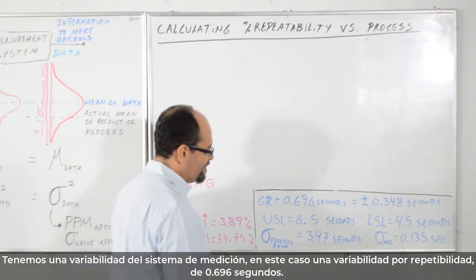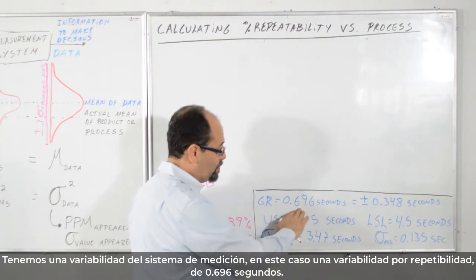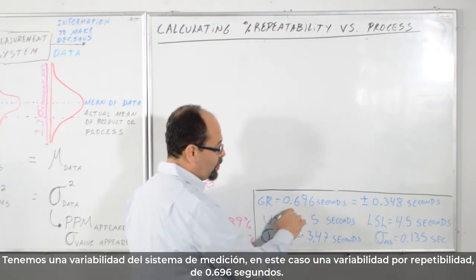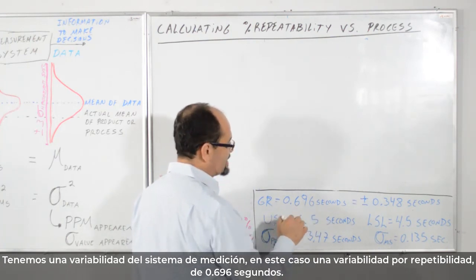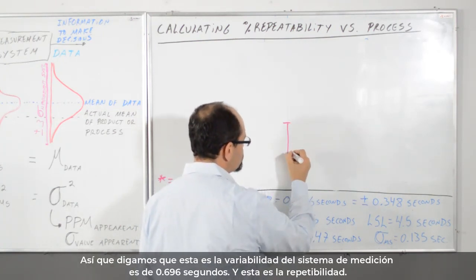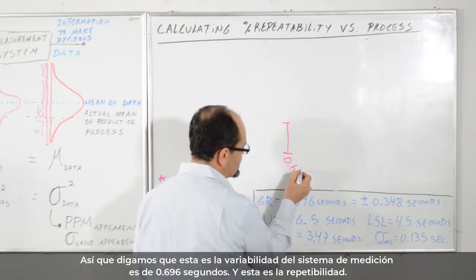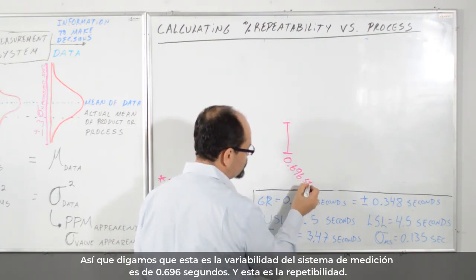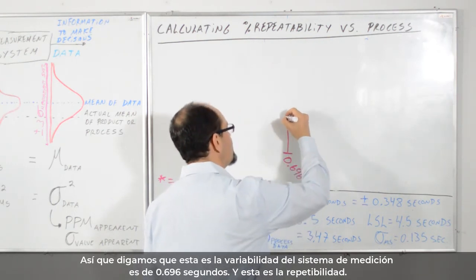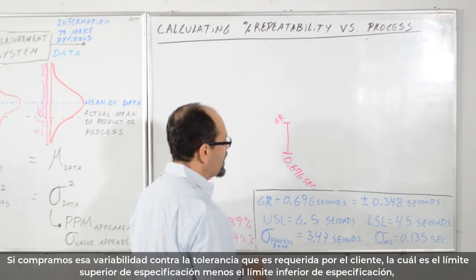We are having a variability of the measurement system, in this case because of repeatability, of 0.696 seconds. So this is the variability of the measurement system, the gauge repeatability.